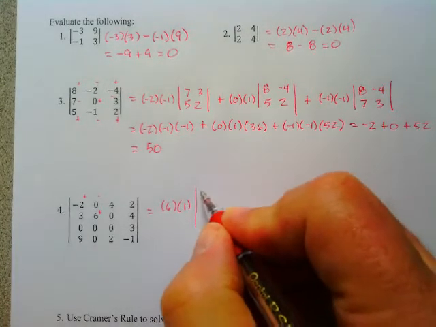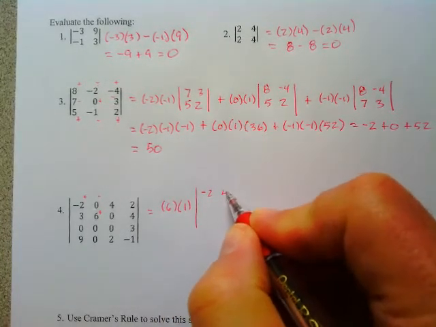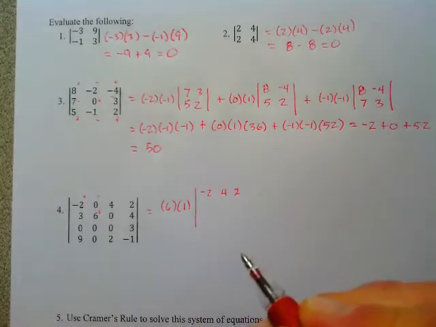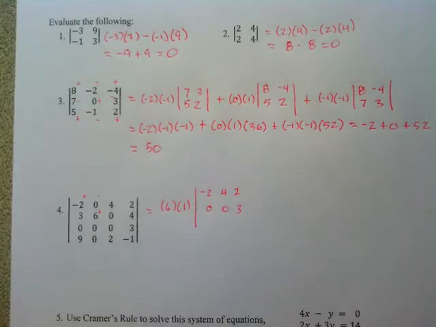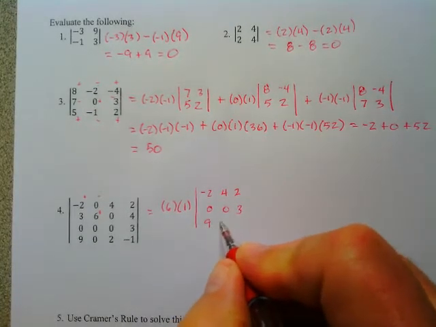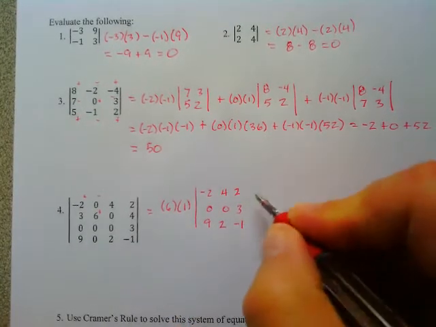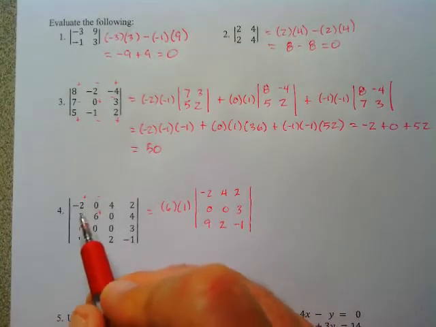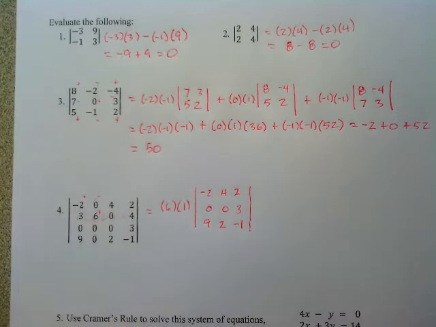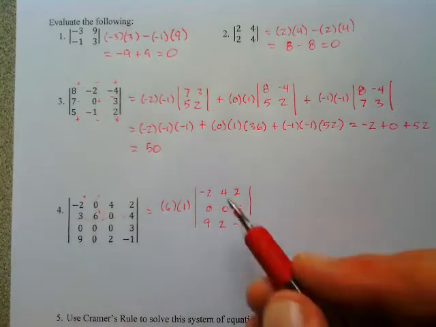So that's going to be -2, 4, 2, then 0, 0, 3, and then 9, 2, -1. So note, basically I was not picking those ones, and that gave me these.